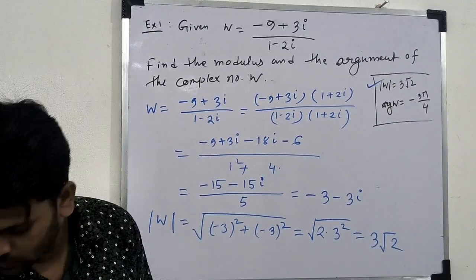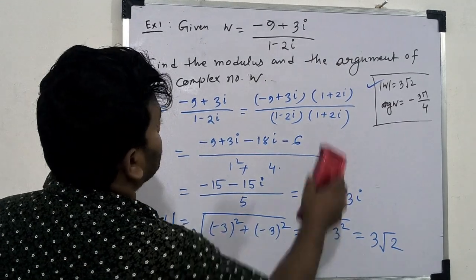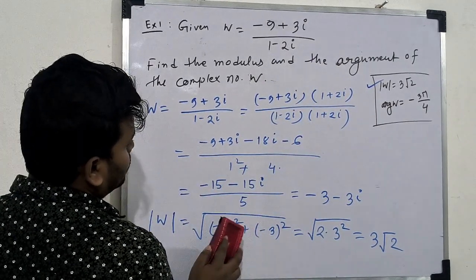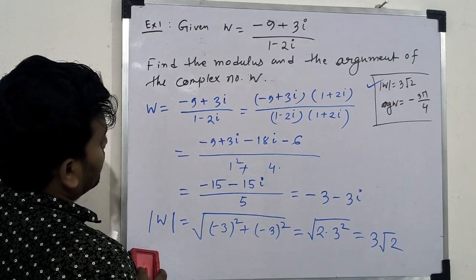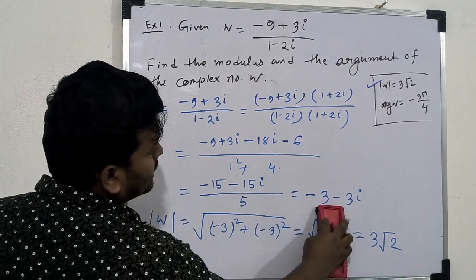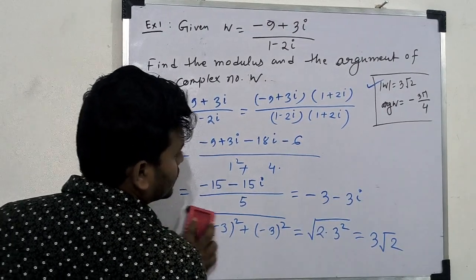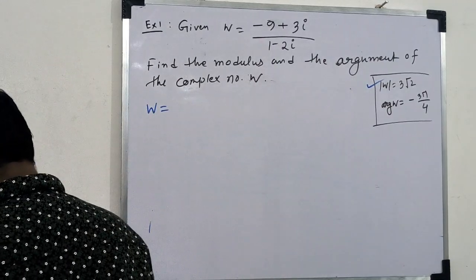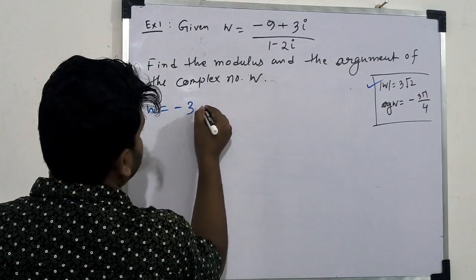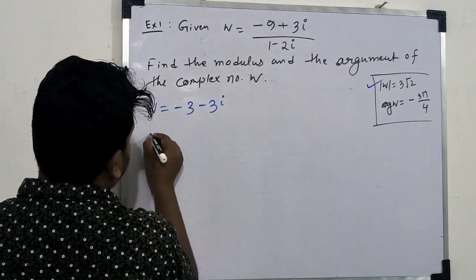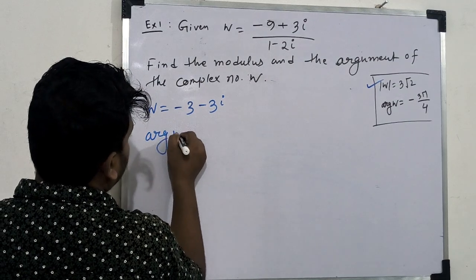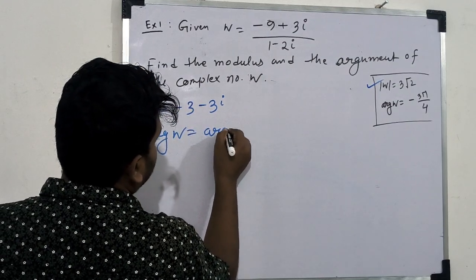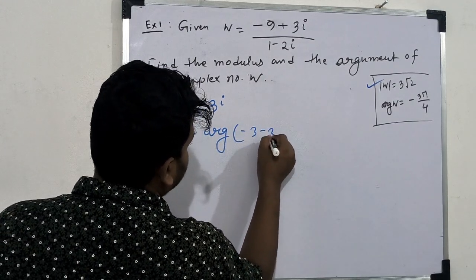And for the argument value, as we get w equal to minus 3 minus 3i, now we find the argument. So argument of w can be written as argument of minus 3 minus 3i.